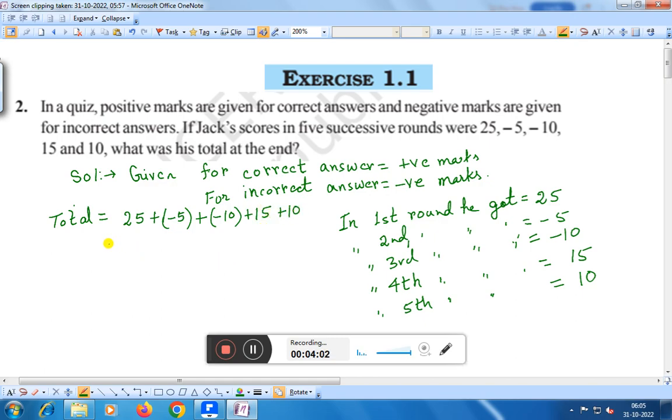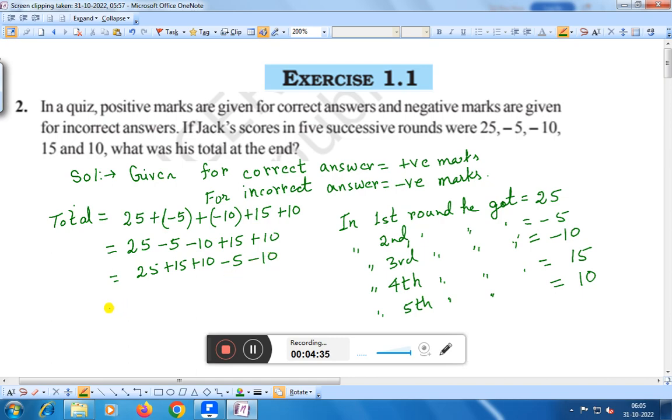Now you can simplify it. 25 plus into minus is minus, that is minus 5. Again plus into minus is minus, that is minus 10, plus 15 plus 10. Now we'll add all the positive integers, that is 25 plus 15 plus 10, and here it is minus 5 minus 10.